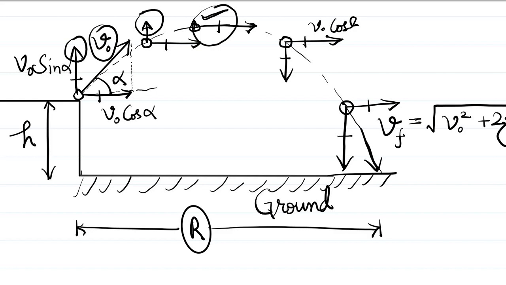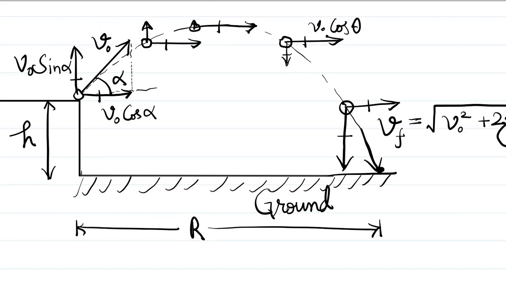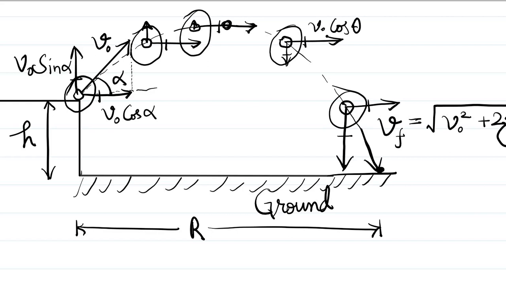The vertical component of velocity at maximum height was 0. Initially it was v0 sin alpha, and as it reaches the bottom, its vertical component is much more than v0 sin alpha. Now let us consider all these velocities, which were the instantaneous velocity of the particle at various positions. At the topmost point, the velocity became completely horizontal.